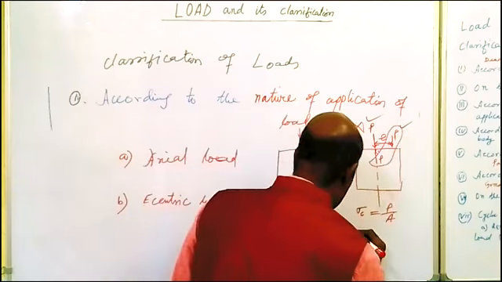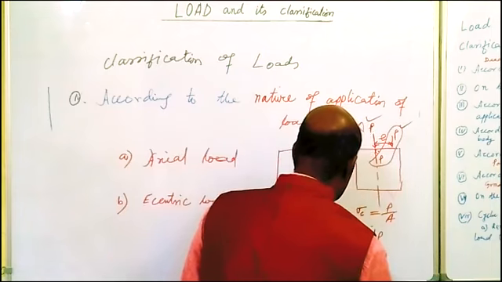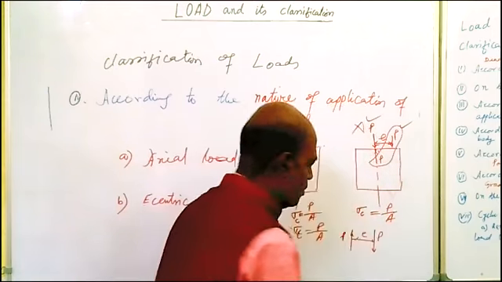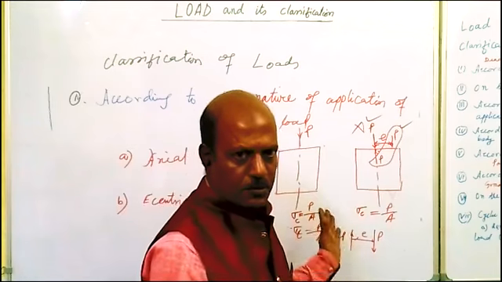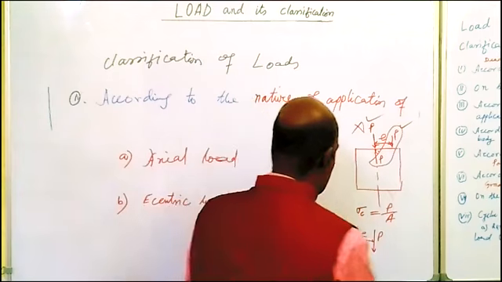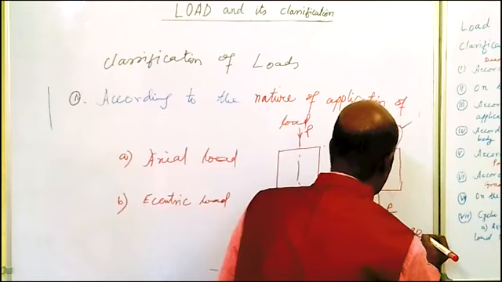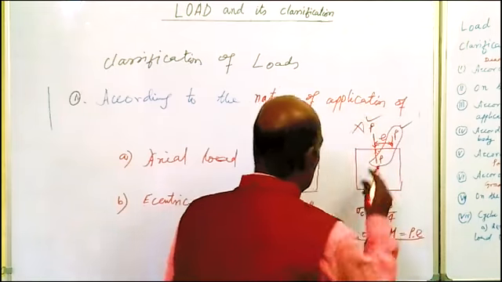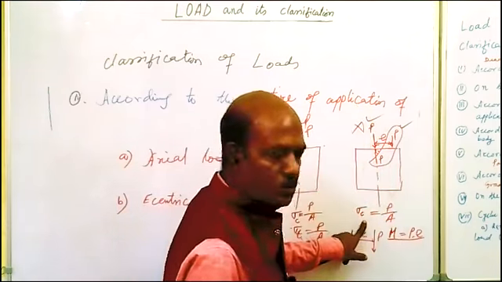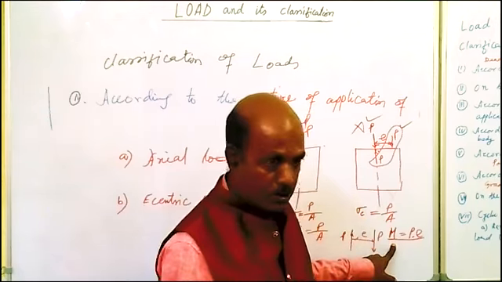If we see separately, this is P and this is P, and the distance between these two P is e. That means these two equal, opposite, parallel forces form a couple. The magnitude of this is M equal to P into e. So because load P is not passing through the axis, it will produce direct compressive stress, and a moment will also be produced along with the direct compressive stress.